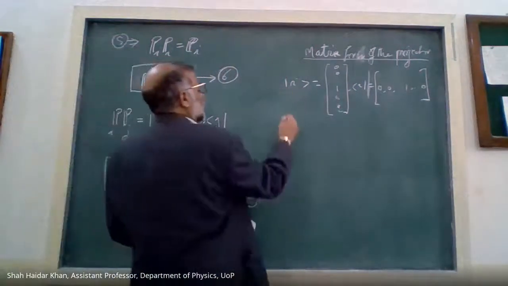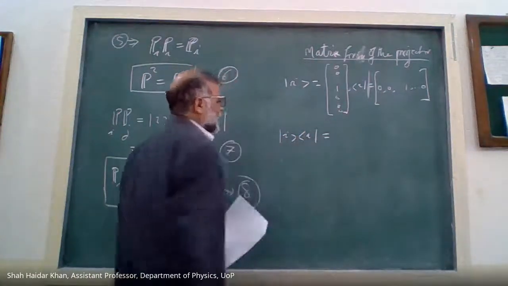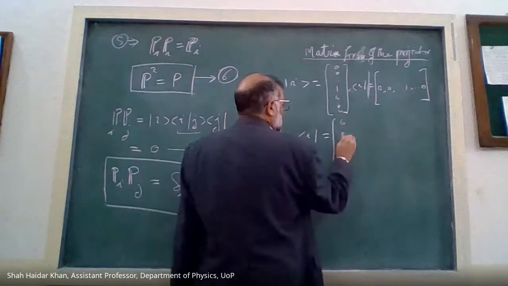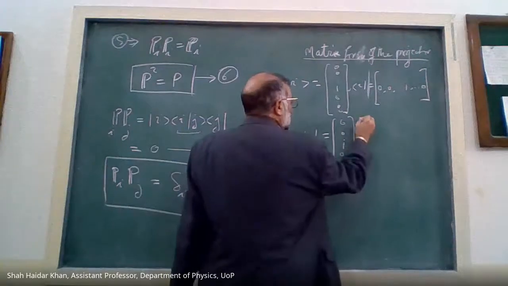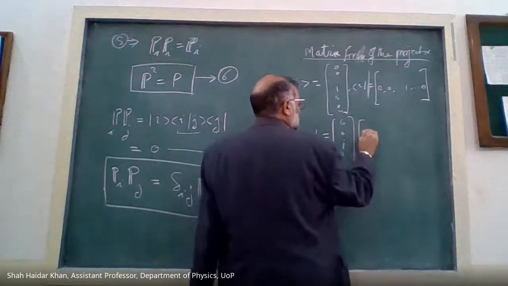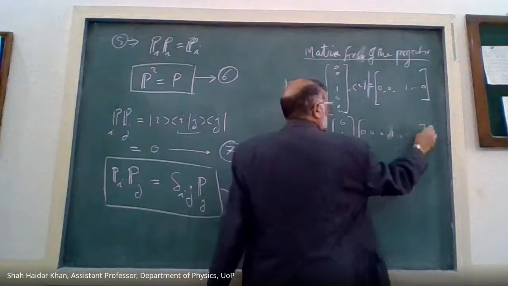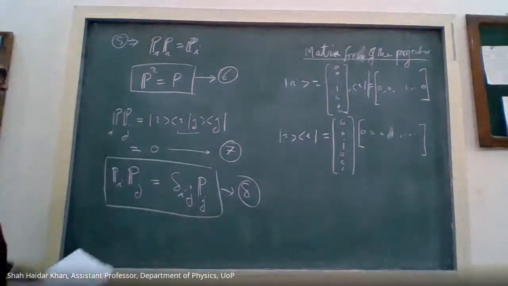Okay, now you do it like this. The ket i bra i will be equal to a column of 0, 0, 0, 1 with only the ith dimension having the number 1.